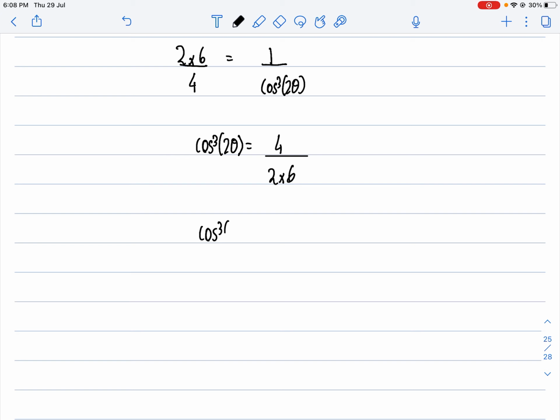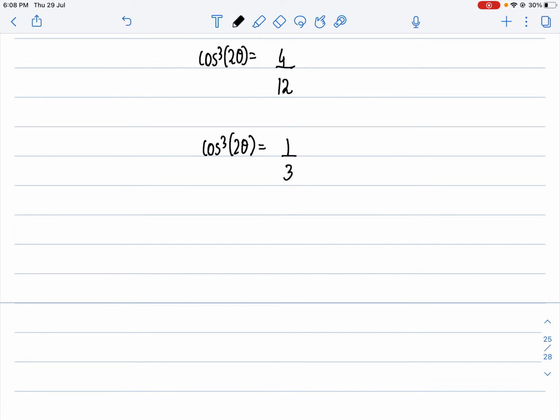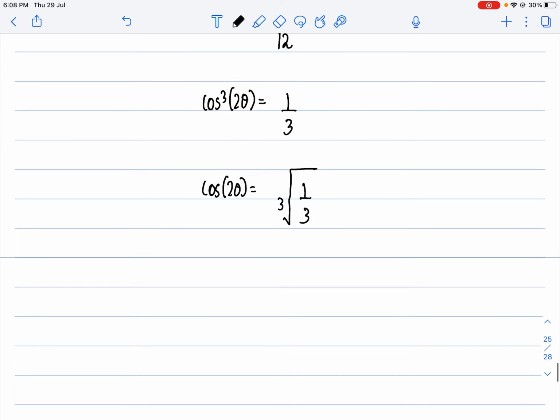So I can write this as cos cube 2 theta, which is equal to 4 over 12. Correct? So I get my cos cube 2 theta as 1 over 3. So basically now I get my cos 2 theta as the cube root of 1 over 3.